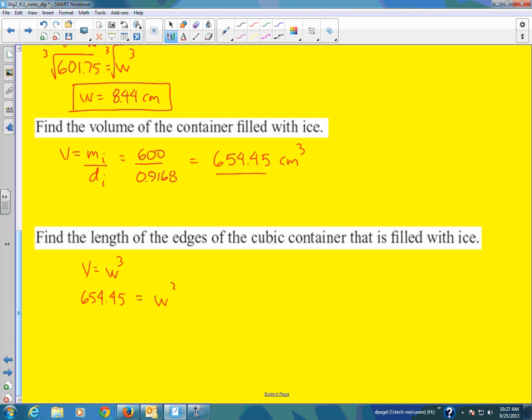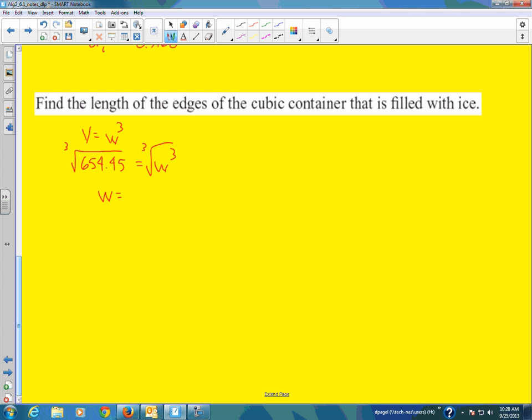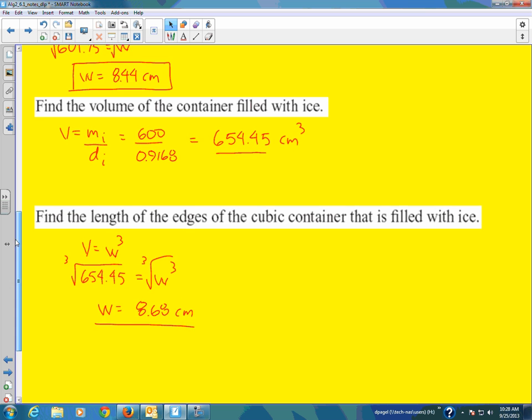I have to take the cube root of both sides, and I'll get my container bigger than the last one: 8.68 centimeters, slightly larger. And there's the size of the side of the cubic container.